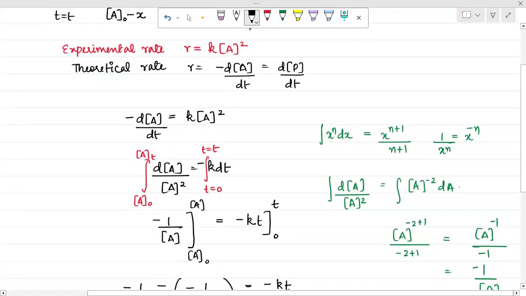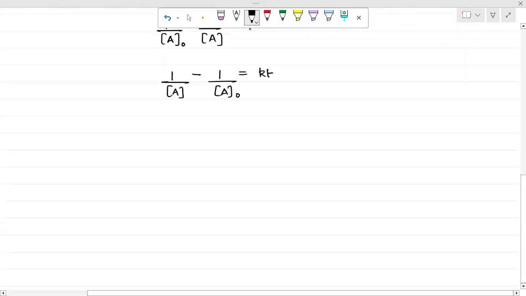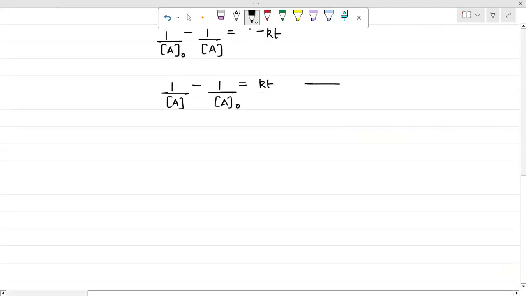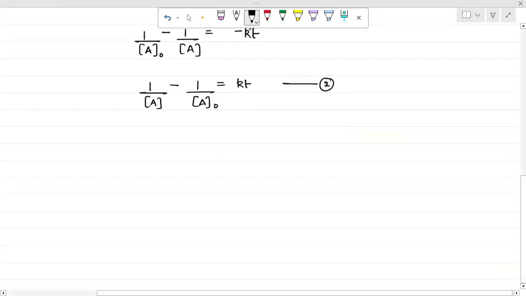Okay, it's very easy. So you need to know this. Correct? The relation between the theoretical and the experimental rate, and the integrated rate equation is this. Now, by this time, you know 3 equations, okay? You should not get confused between them.